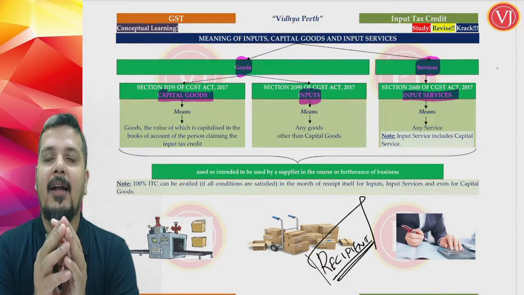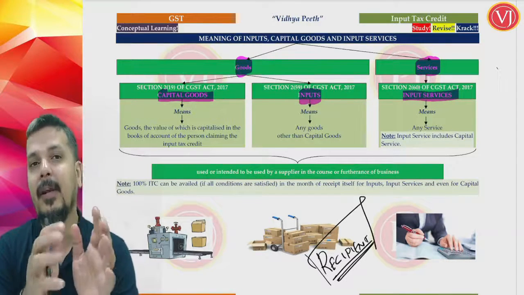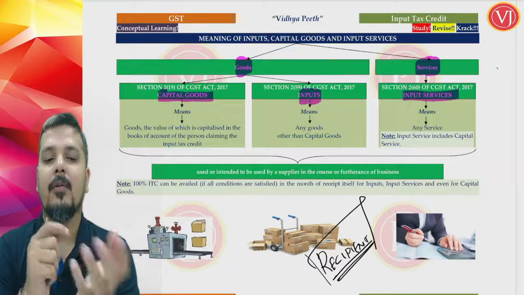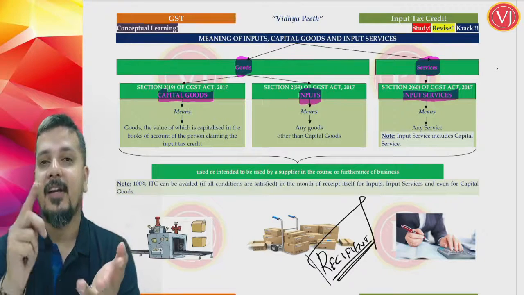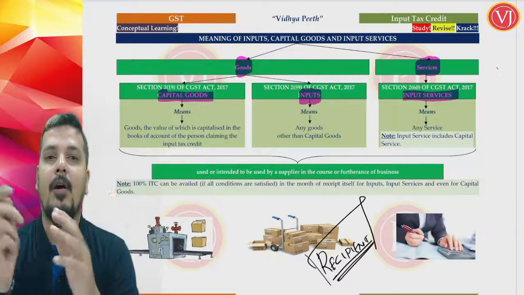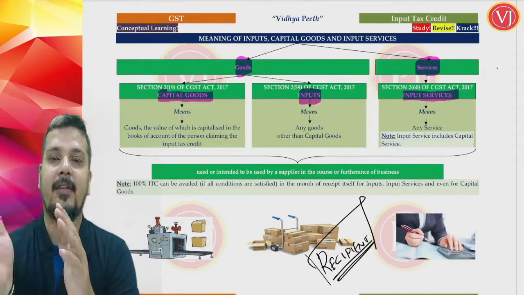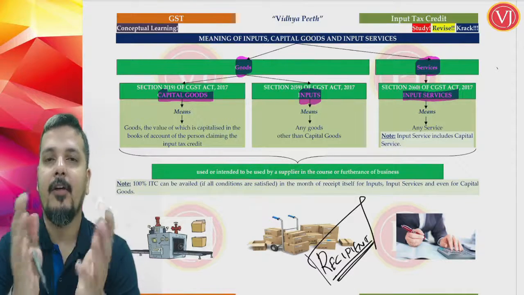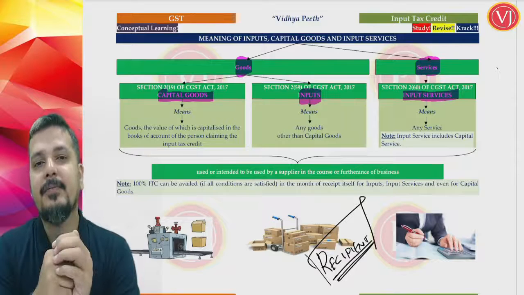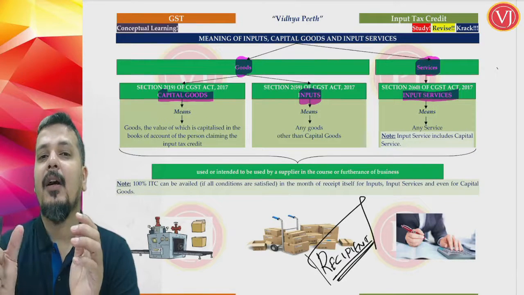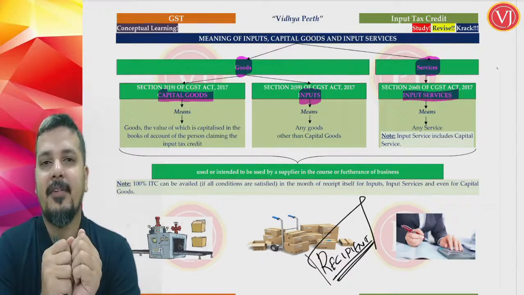You are looking at fixed assets where you are spending something. Whenever you are talking about assets, obviously it will be on the debit side. You have spent something on purchasing capital goods.